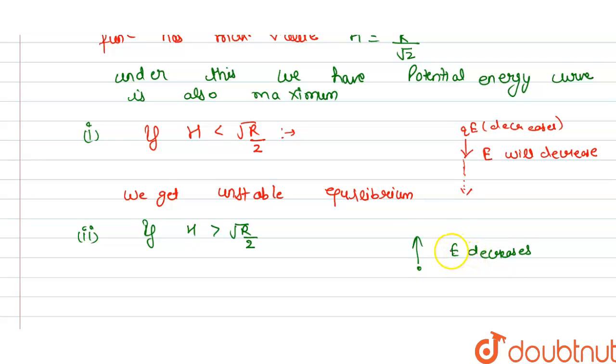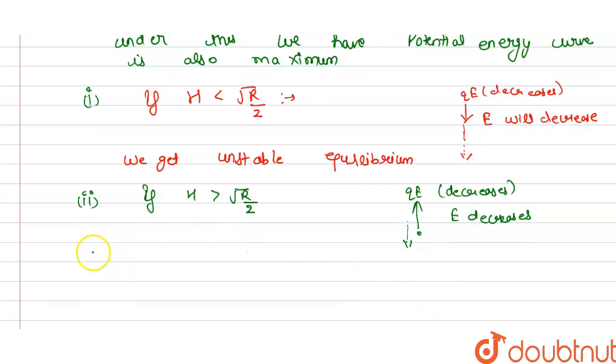So QE, which is acting in this direction, the force also decreases, and the particle will move downward towards the equilibrium state. So in this case we get stable equilibrium.